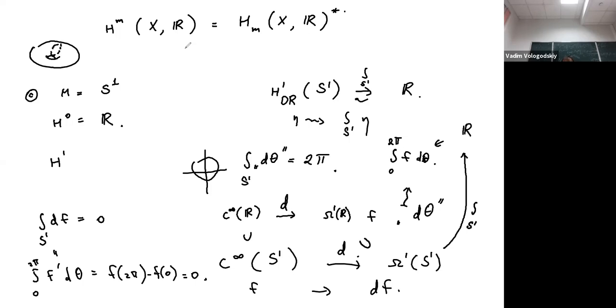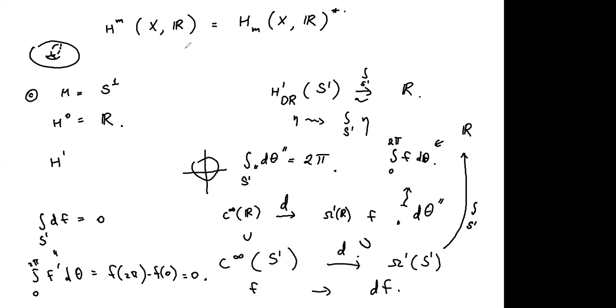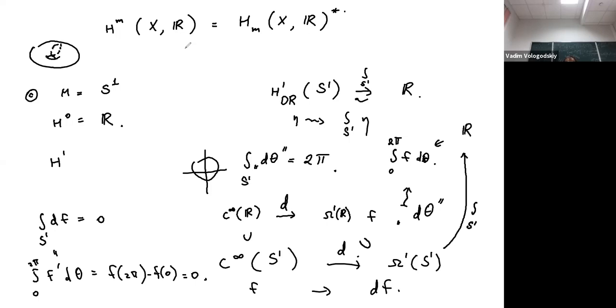It's just equality of dimension. So the isomorphism is given by the pairing between singular chains and differential forms given by the integration. Okay. Right. More questions?